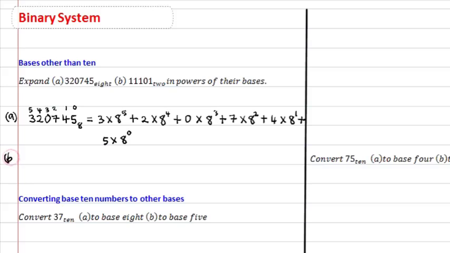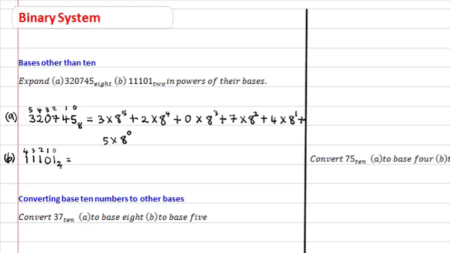So let's do the same for B. Here we have 11101 base 2. As usual, the same pattern from the first number, make it 0, 1, 2, 3 and 4.